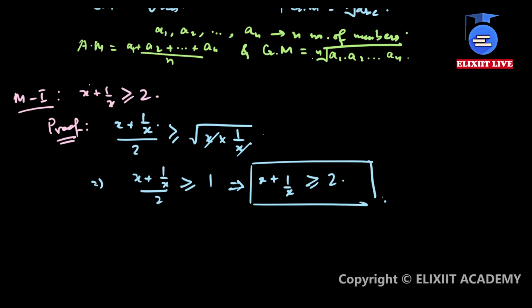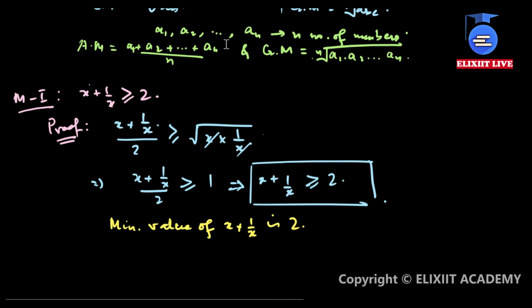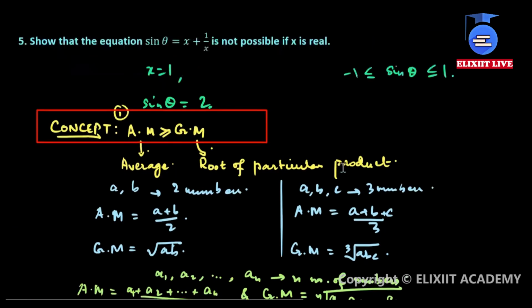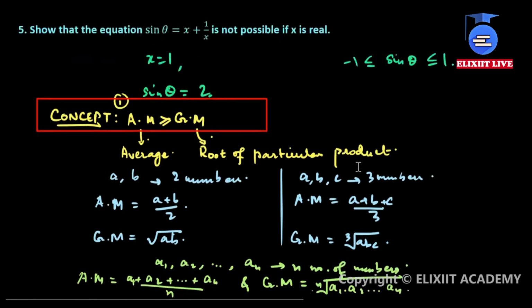Method number 1. So what is the meaning of this? The minimum value of x plus 1 by x is 2. So gradually, this x plus 1 by x equals sine theta, since the minimum value is 2, is absolutely not possible.